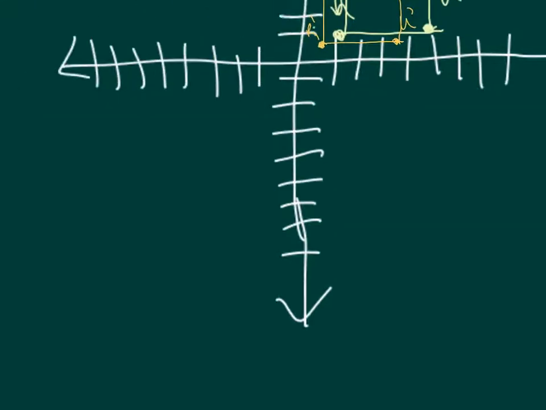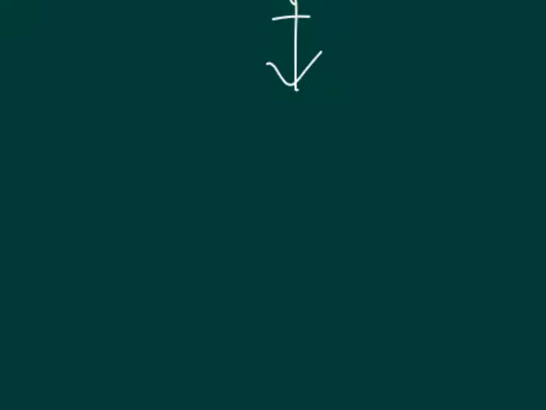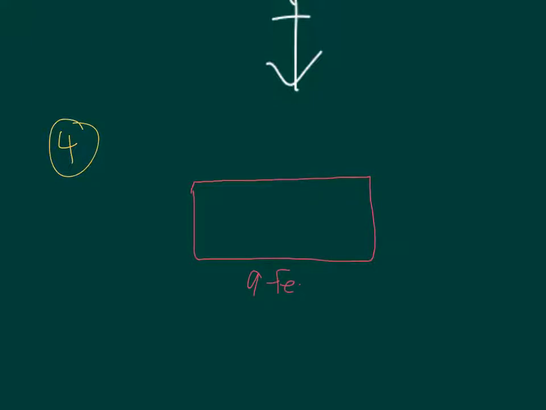Alright, number 4. Darian wants to build a regulation size pool table that is 9 feet in length. Okay, so let's go ahead and just draw a pool table. Get that pictured. So this might look something like this. And we know that it is 9 feet in length. The plans he ordered are 18 by 36 inches.